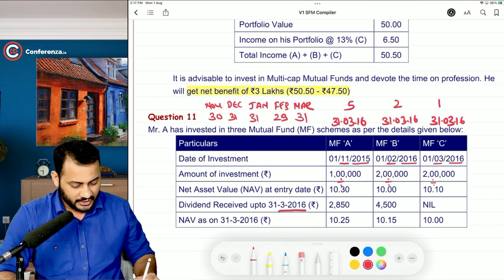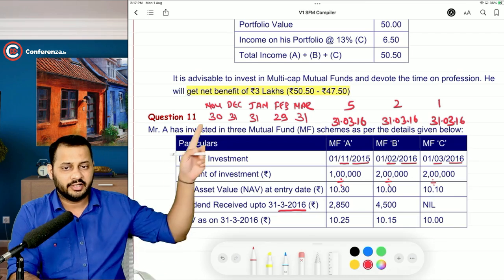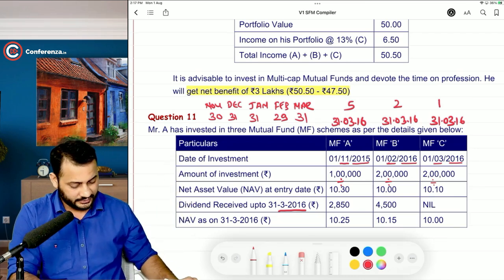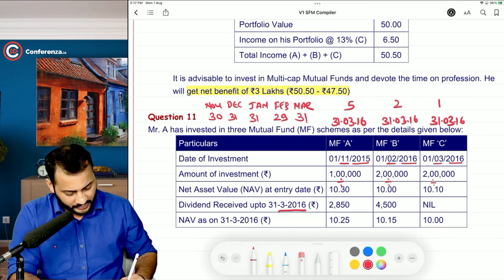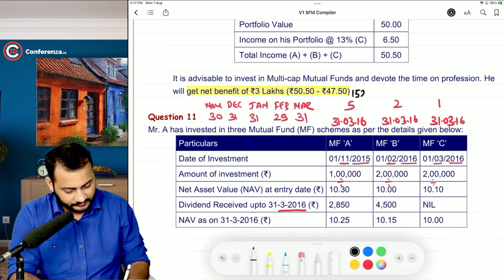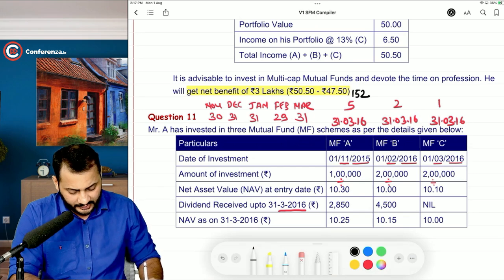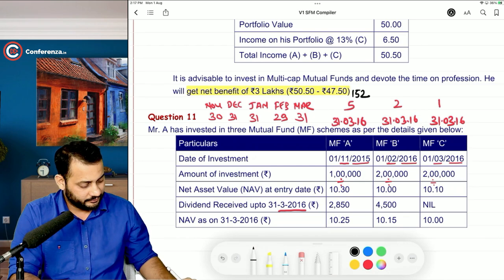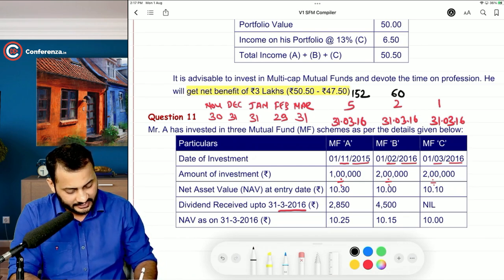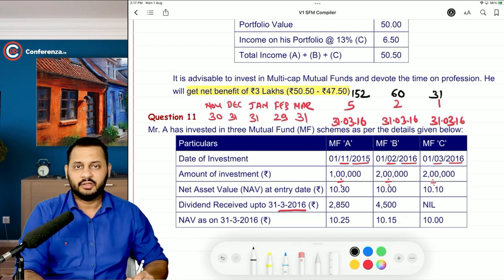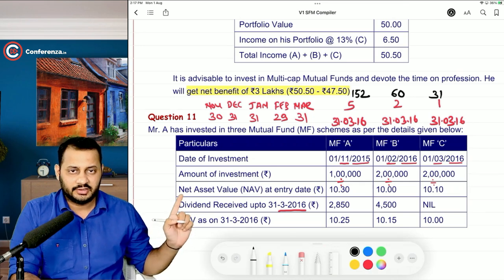If we count the days of all the 5 months, it will be 30 plus 31 plus 31 plus 29 plus 31, which goes to 152 days in this case. In mutual fund B, it will be 29 plus 31, that is 60 days, and in this, 31 days only.